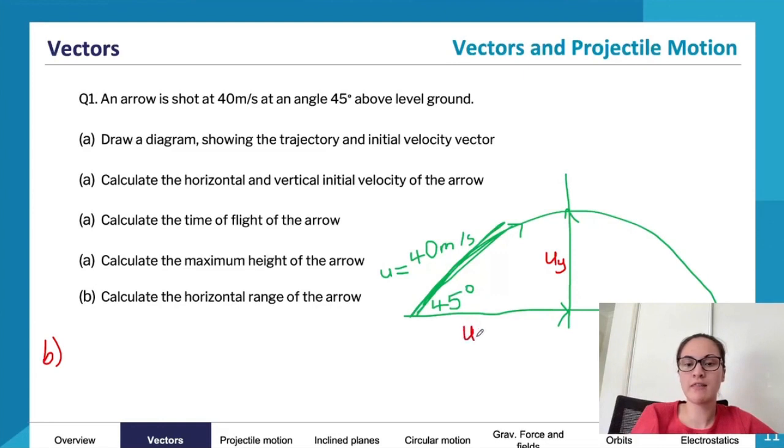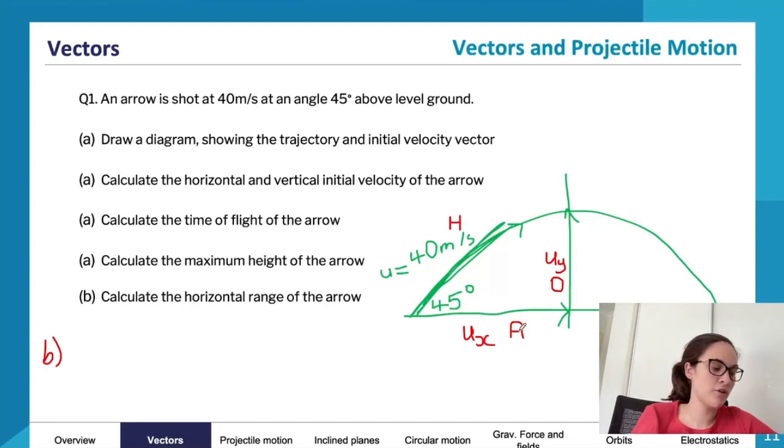Put it in the chat and that will be checked. But yeah, so this is being fired, and Uy is opposite this angle, okay? This is the hypotenuse, so think of it like trigonometry, SOHCAHTOA, and this is adjacent.